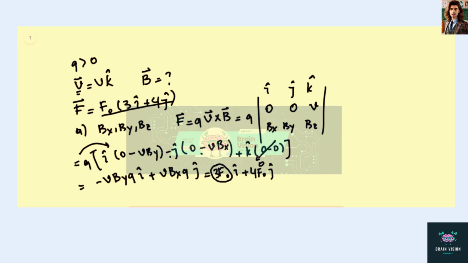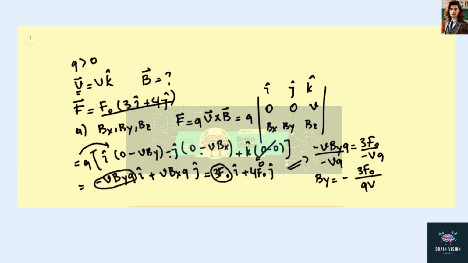The components of i for each expression have to be equal to each other. So from here, we can say that negative v By q equals 3F naught. If we isolate By, we divide both sides by v times q, and what we have is By equals negative 3F naught over qv. This is our y component of the magnetic field. Now let's move on with the x component.